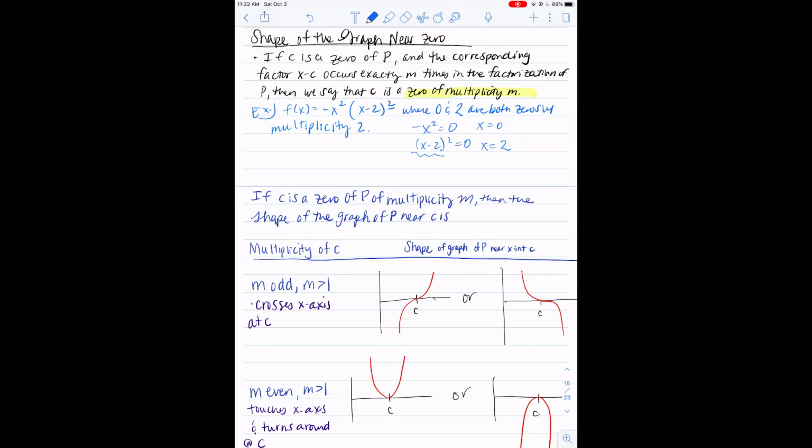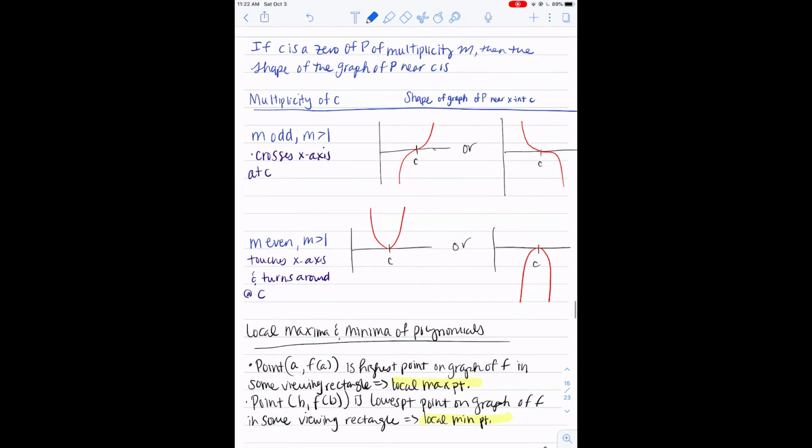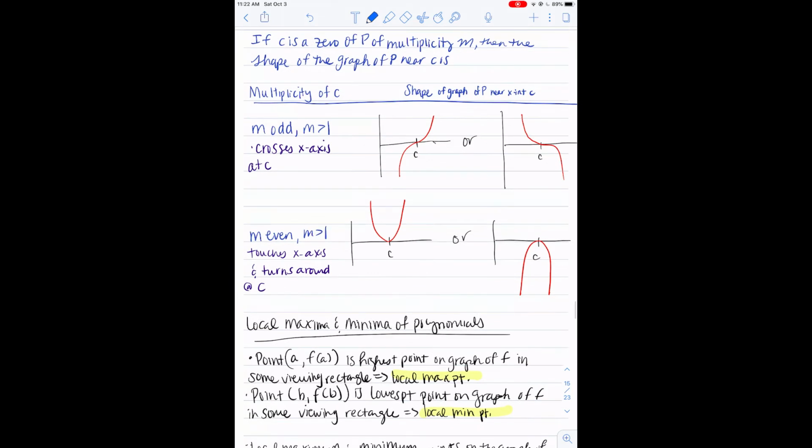The 0 of 2 occurs like 2 times, or m times. And this one is also squared, so it also has multiplicity 2.